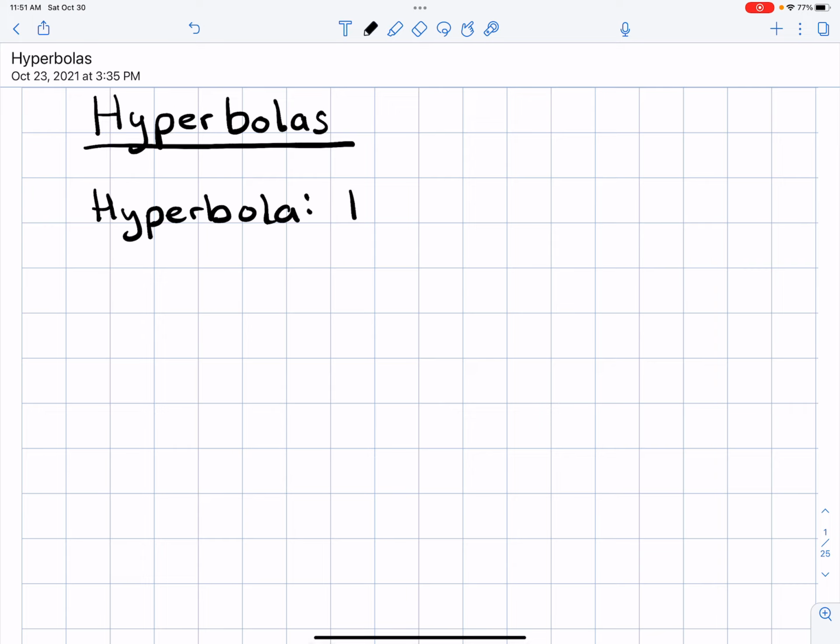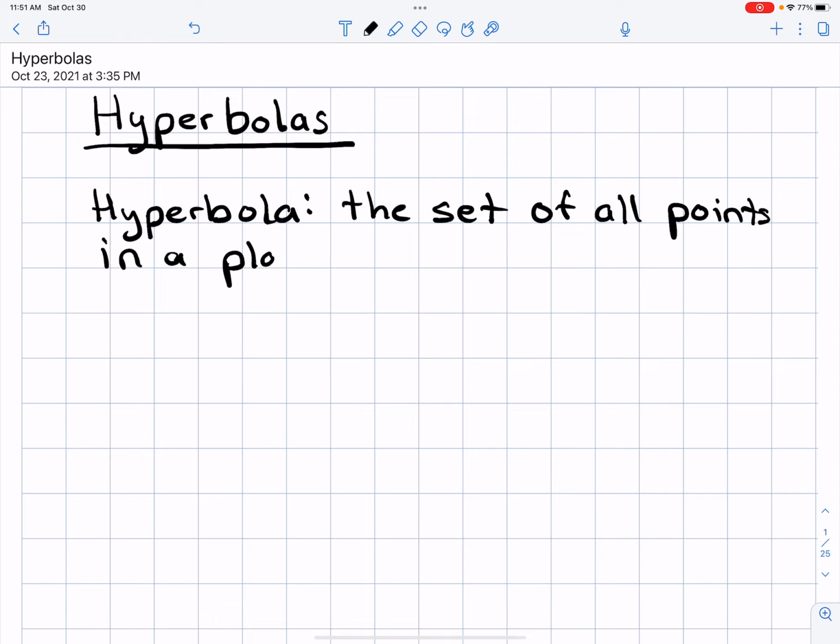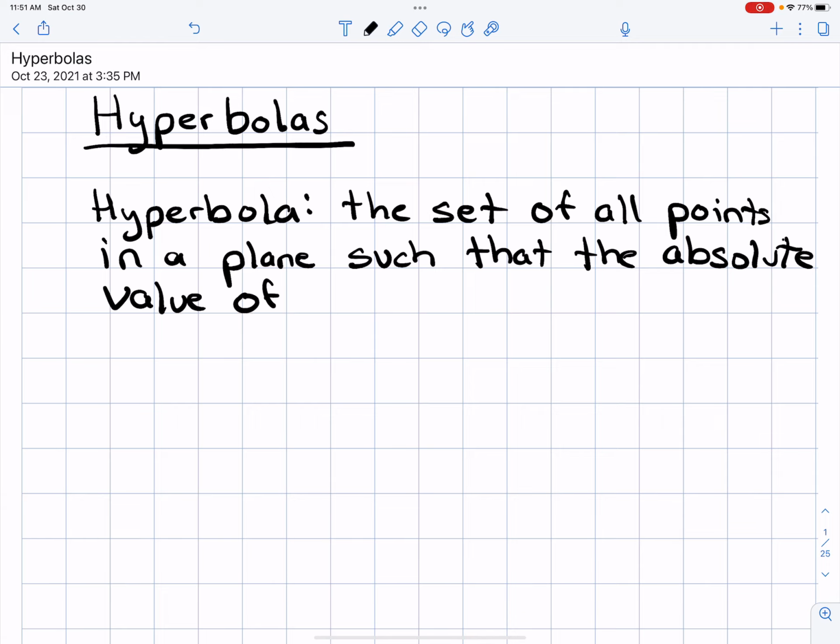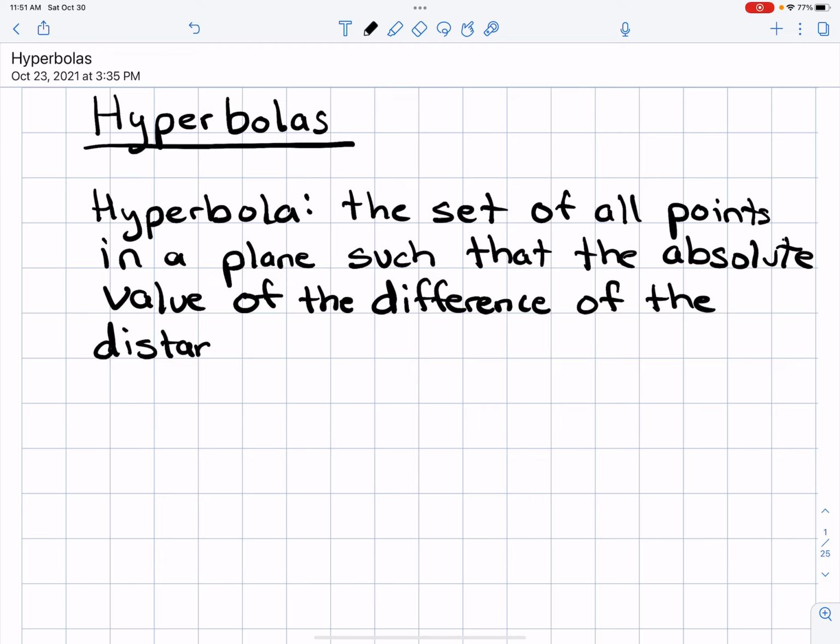Hyperbola: the set of all points in a plane such that the absolute value of the difference of the distances from two fixed points is constant.